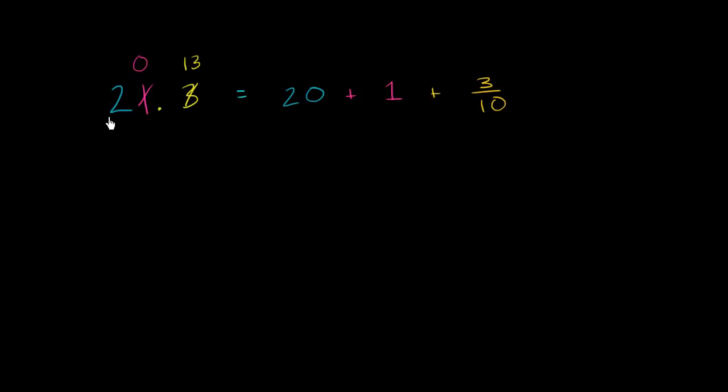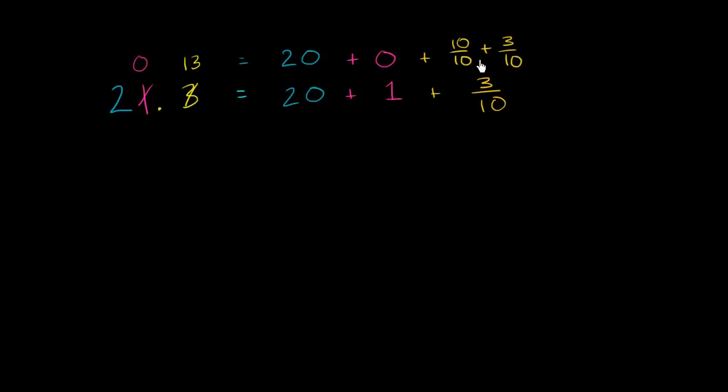So we still have 2 tens. So this is still going to be 2 tens. Now we have plus 0 ones, and we essentially wanted to write that 1 that we took away from the ones place in terms of tenths. So if we were to write this in terms of tenths, it would be 10 tenths plus the 3 tenths that were already there, plus 3 tenths.